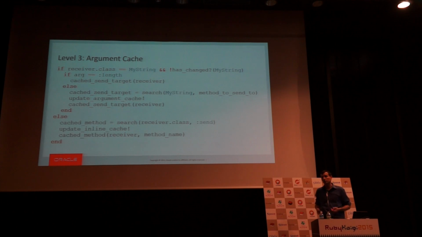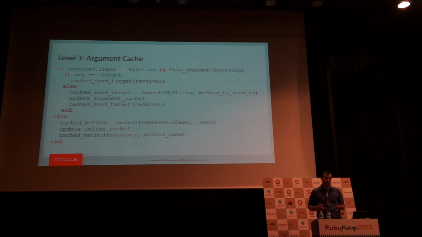The example was calling object.send with length as the argument. So we're going to check that object is still a type myString, and that myString or any of its ancestors haven't changed. And then we're going to check that the cached argument is still length. And if we can do that, we can skip calling into send completely and call directly to the length method.